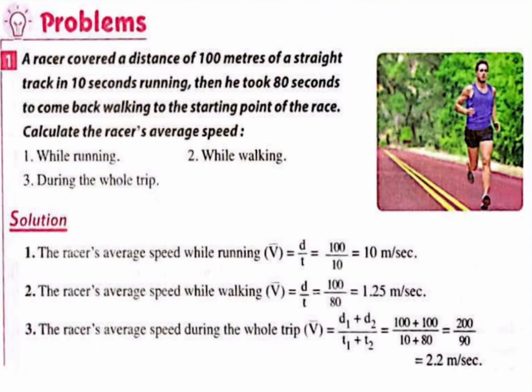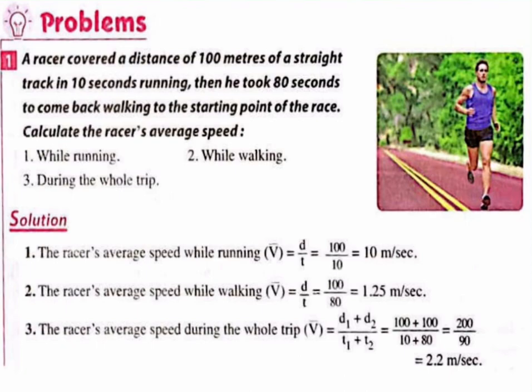So the whole trip, the total distance will be 200 meters. And the time, while running, you will put D equal 100 over T 10, so it will equal 10 meters per second. Average speed while walking, D 100 over T 80, equals 1.25 meters per second.